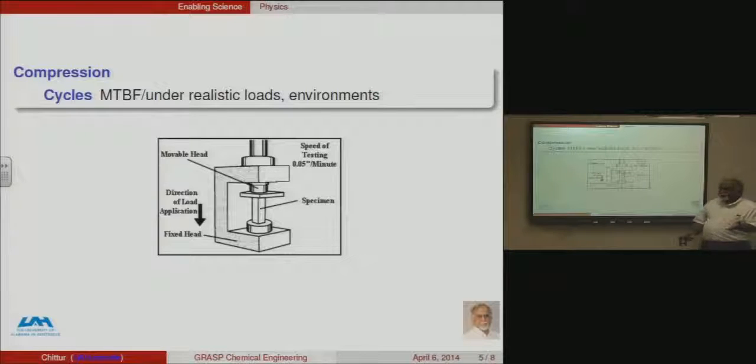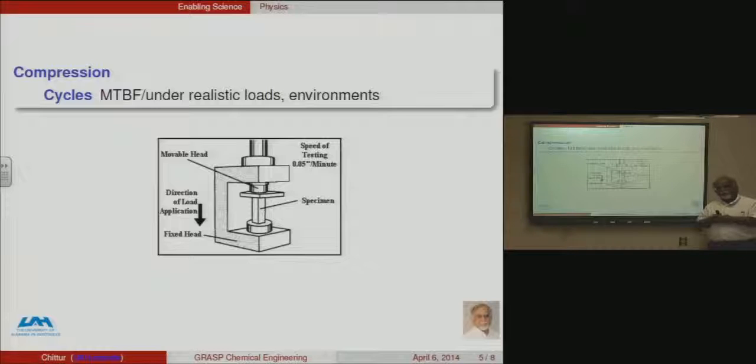Compression properties. Similar thing, except instead of stretching it, you compress them. In both of these cases, one of the things that you might be curious about is the mean time between failure. For example, you can ask the question, what if we keep these things running for days on end? Can you predict when it will fail?